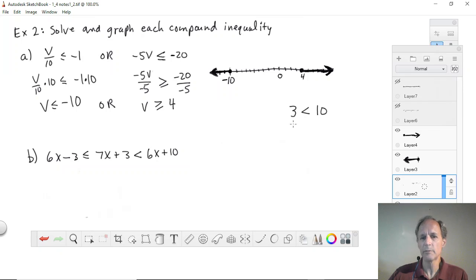But what if we multiplied both sides by -1? So we take -1 times 3 and -1 times 10. Now this is going to be -3 and -10. And on the number line, of course, -3 is greater than -10, right?